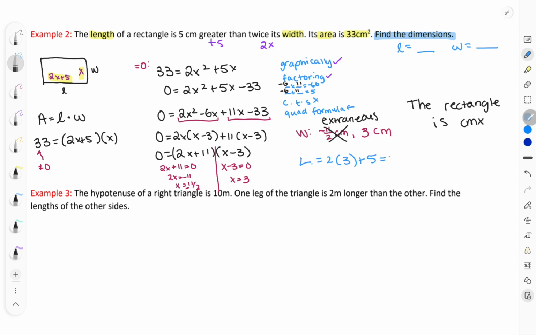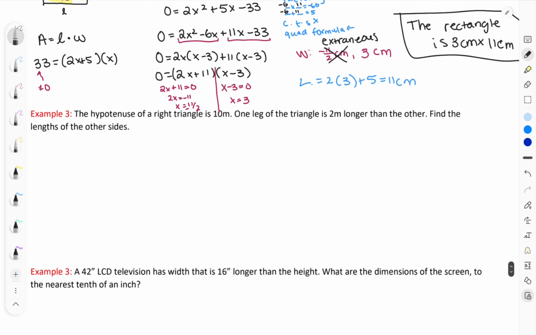My length is 6 plus 5, which is 11 centimeters. So my rectangle is 3 centimeters by 11 centimeters. That checks out, right? It's a good example to make sure you're verifying the reasonableness of your answers. Does it make sense? Have you actually answered the question?